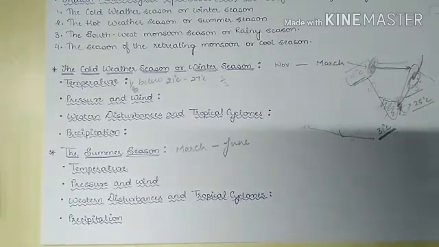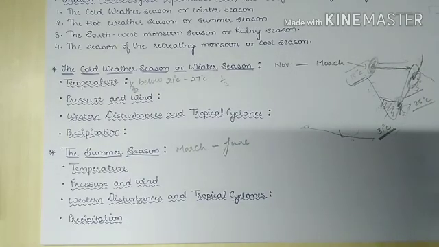The maximum temperature recorded is 50.6 degrees Celsius in Ganganagar, in Rajasthan, on 14th June 1935.